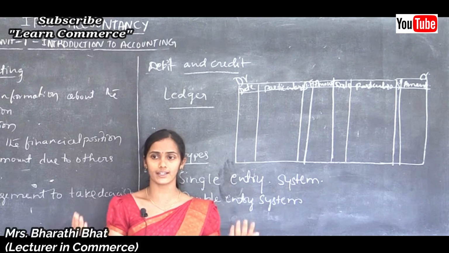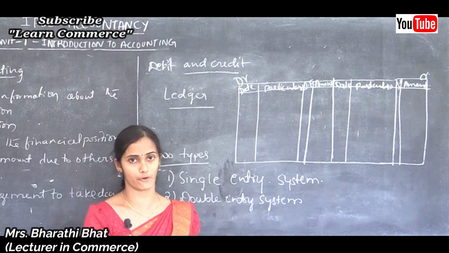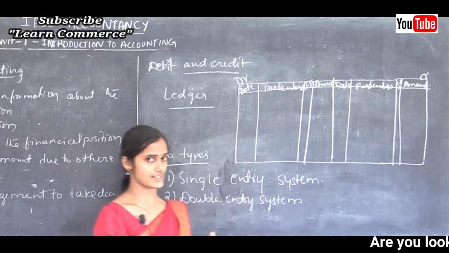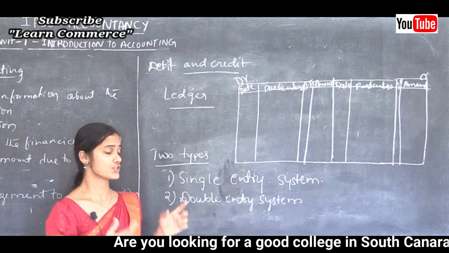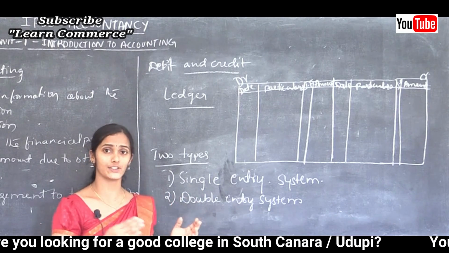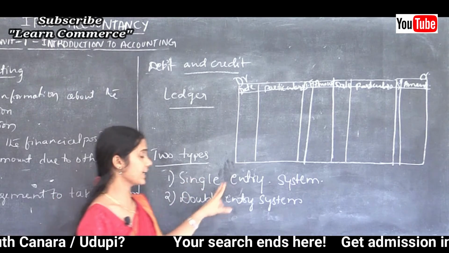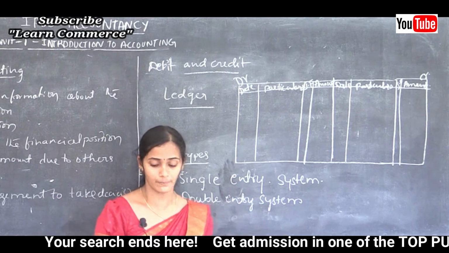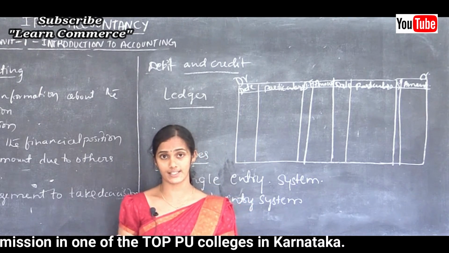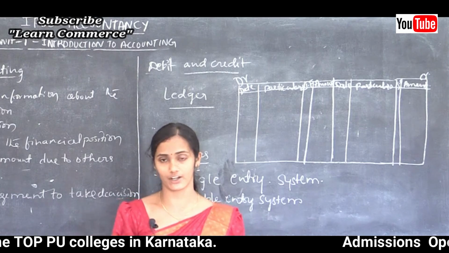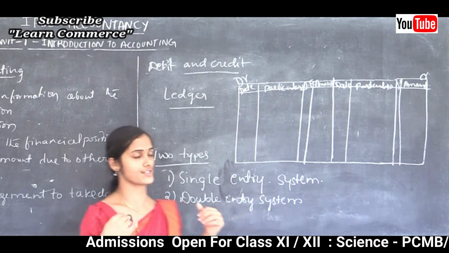If any credit transactions or facilities are provided by the organization, those transactions are not recorded in the cash book. That is why the single entry system is called an unsystematic system of accounting. According to the single entry system, only one aspect of a transaction is taken into consideration to record that transaction.